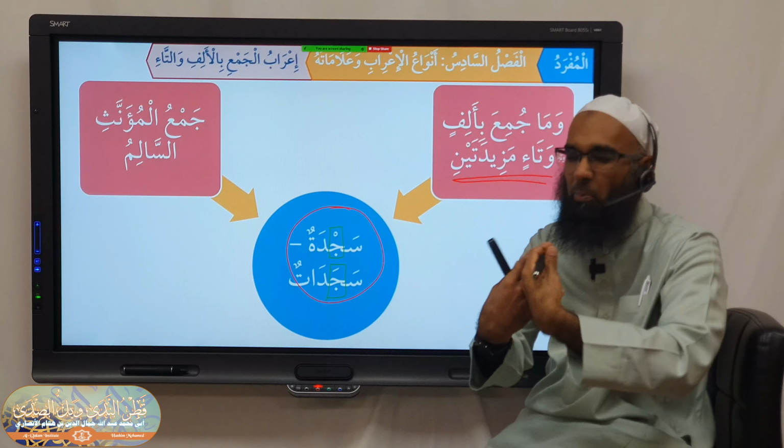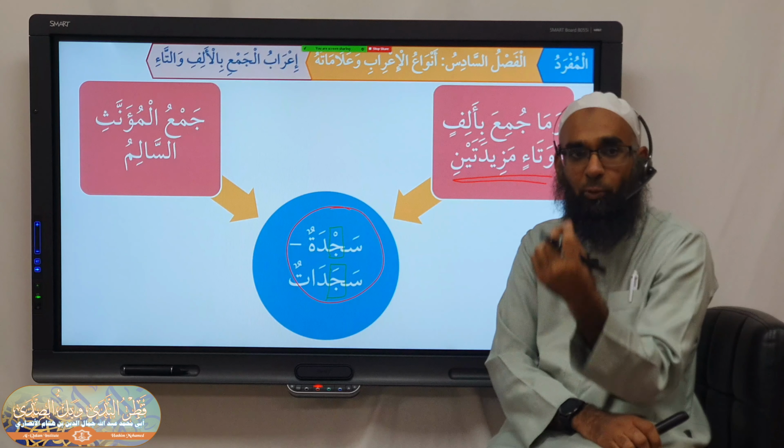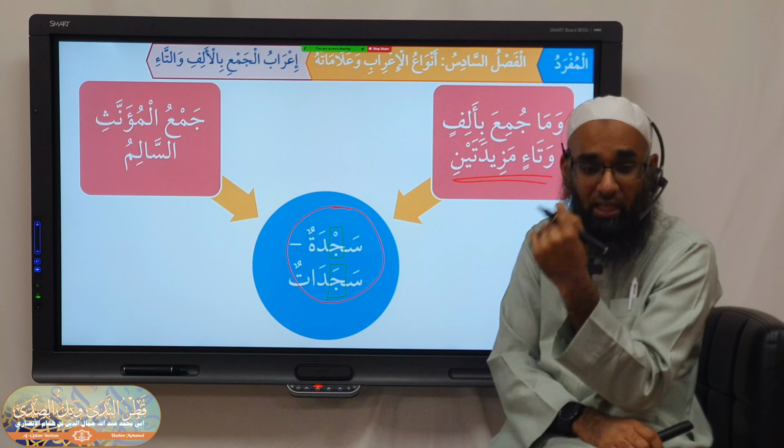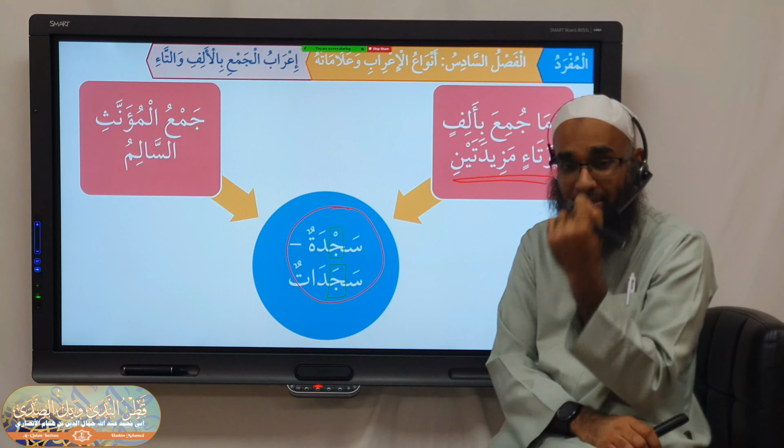Do you understand why he said that? Everybody following me? Yes. So if you look at it here now, what we would say in our simple books is a word which is sound feminine plural. But to be more technically correct, anything which has an alif and a ta za'idatan, extra at the end, which is made plural by this. So that's normal words.